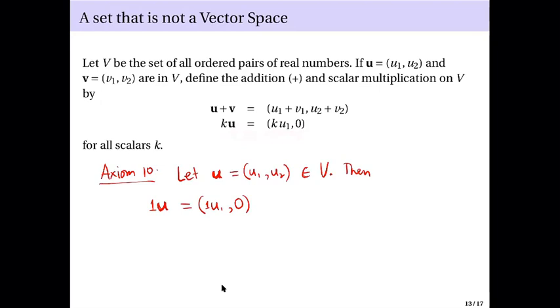And 1 is a real number, a scalar. U1 is also a real number. 1 times U1 is just U1. And of course, the second component here is just 0. But notice, this is not your U1, comma U2, unless your U2 here is actually 0.